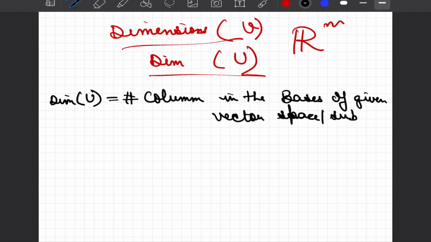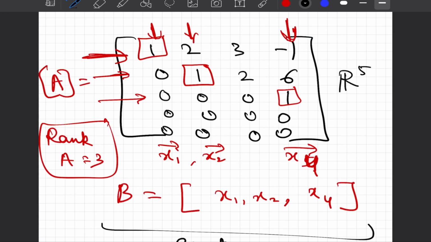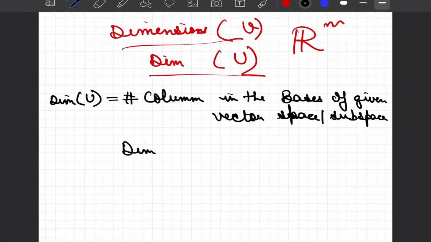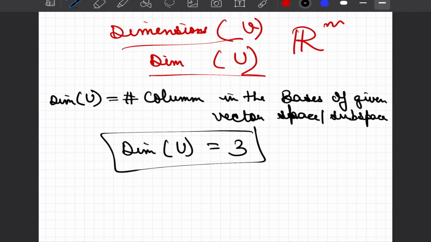For example, going back to the matrix that we just solved, it belonged to R5. However, we only need 3 columns to completely determine each and every vector contained in the subspace spanned by these 4 columns. Hence, the dimension of U in the previous case is equal to 3.